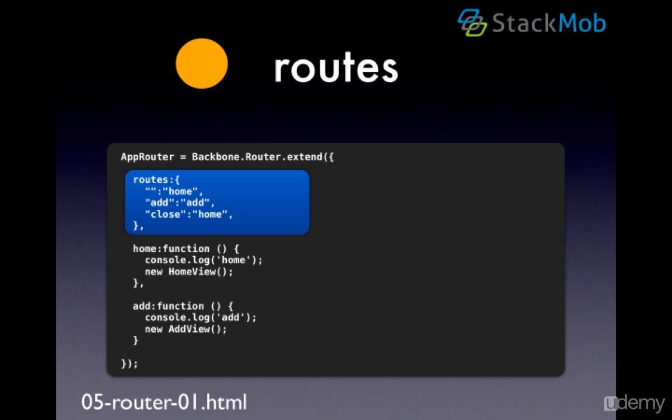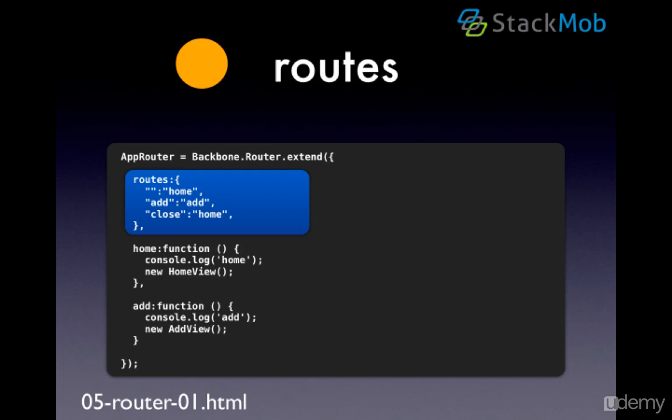If you navigate and you point with your link to hash add, that will then take you and call the add function, which will then add the add view. And if you go to navigate to close, that will also take you to home. So the way that you do navigating is you use these hash marks to go from place to place.